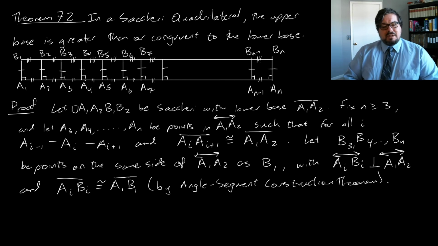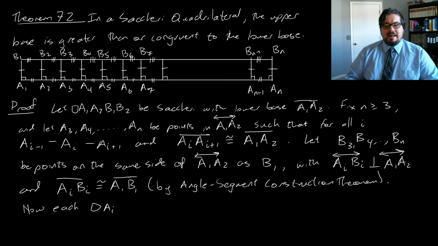All right, so now each quadrilateral Ai, Bi, Bi plus 1, Ai plus 1 is Saccheri.